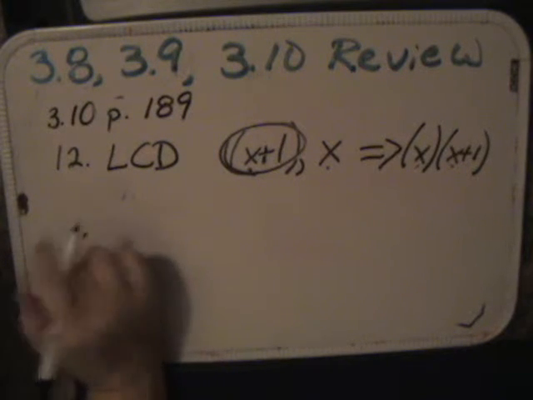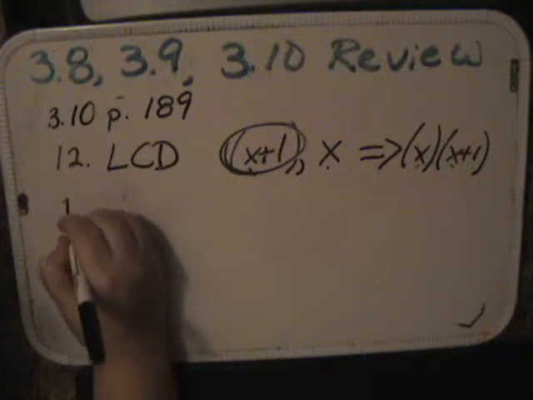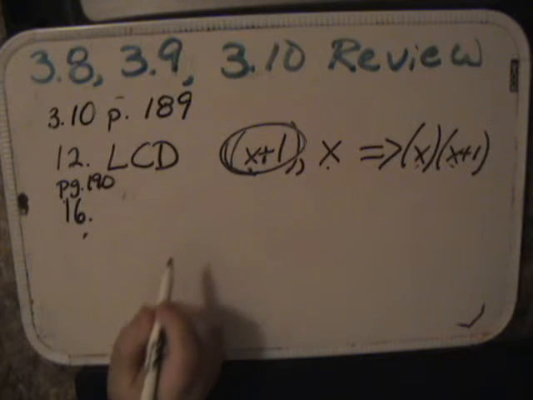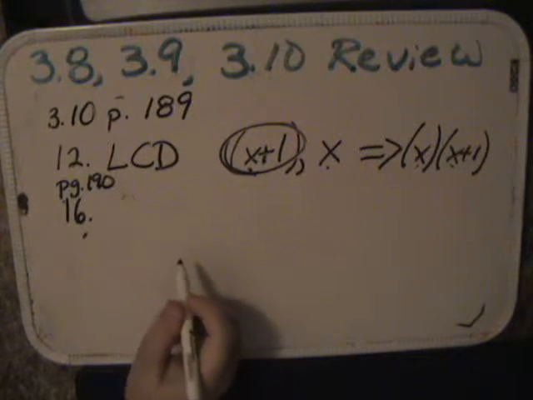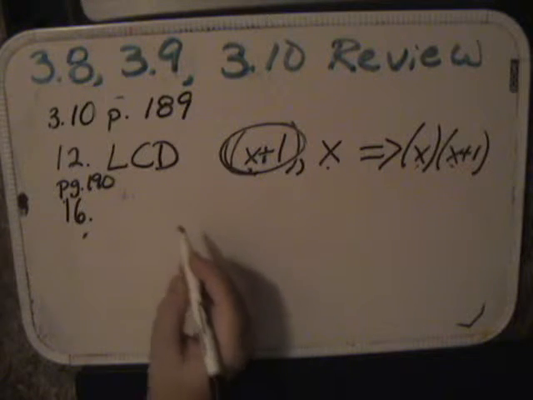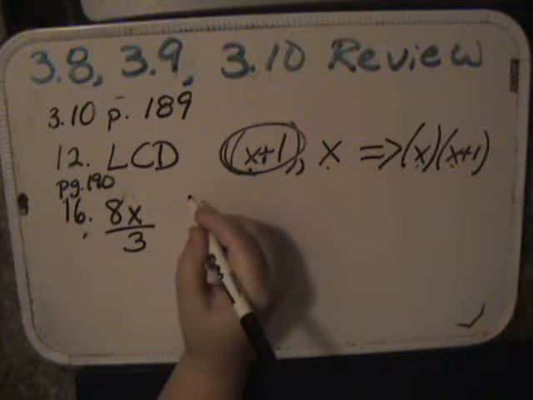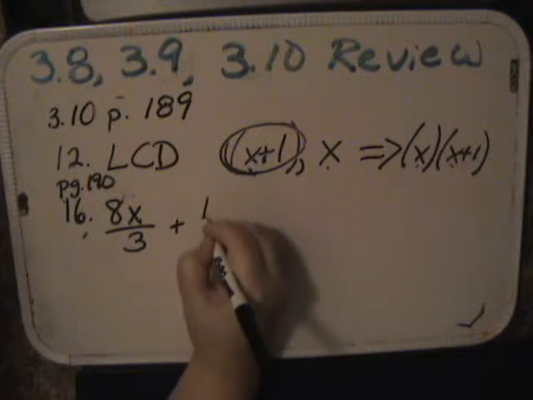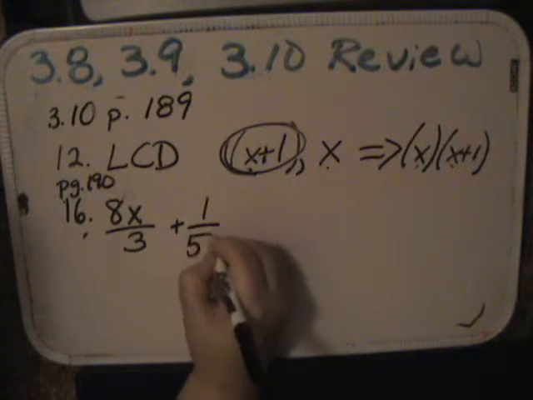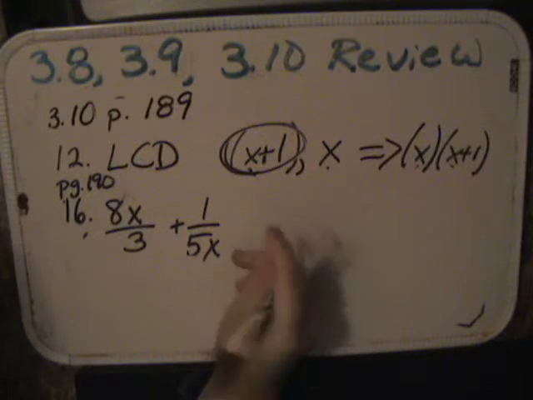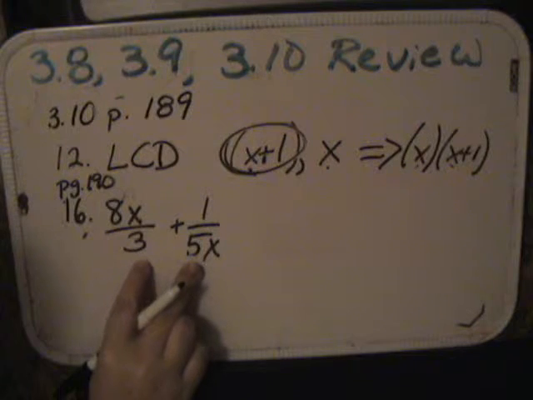For 16, okay, 16 is on page 190. Number 16 says 8x over 3 plus 1 over 5x. Now we need to find the common denominator, and because they are not the same, let's find the LCD.